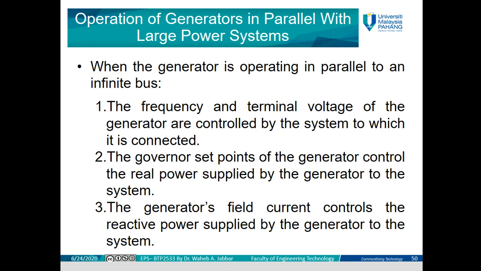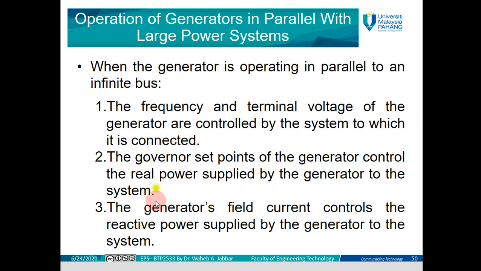The second is that the field current of the generator will control the reactive power. Since I connect this single generator into a grid which consists of many other generators connected together, the governor will control the real power, and the exciter, or the field, will control the reactive power.